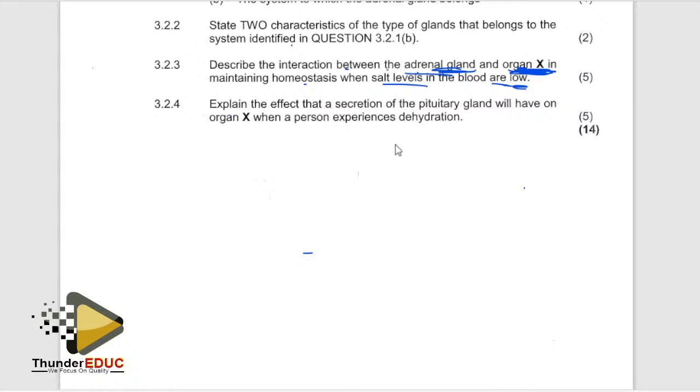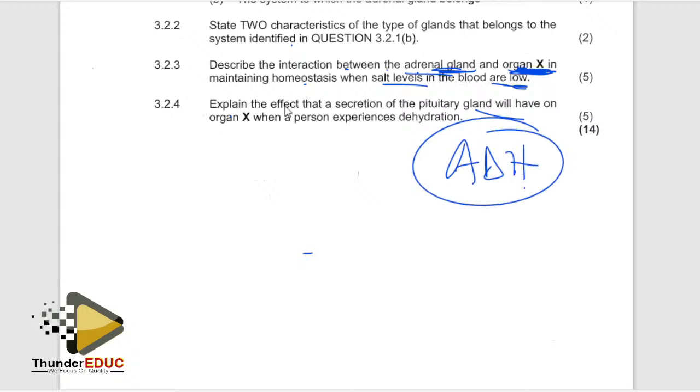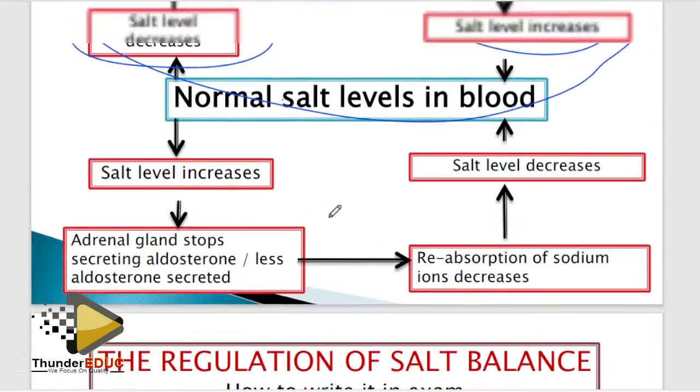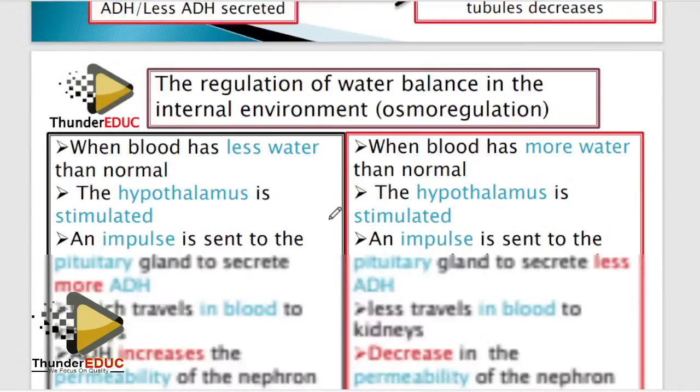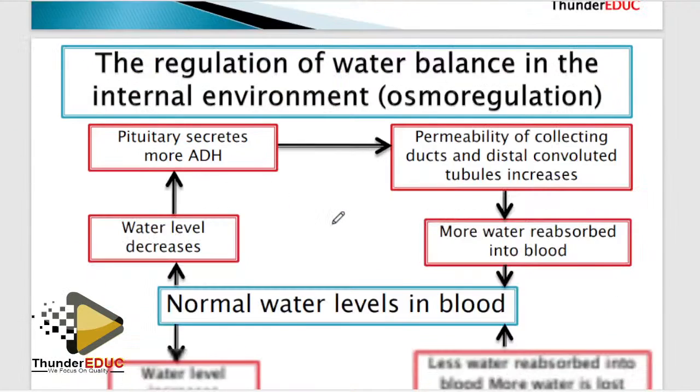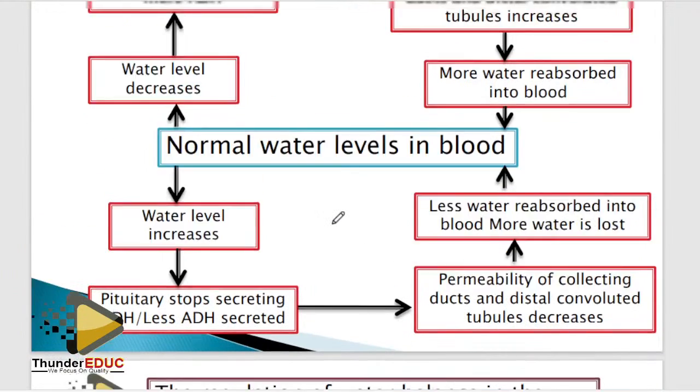So basically they are looking at ADH, because pituitary gland, and they are looking at gland X. They're saying for the person experiencing dehydration, it means that there is low water in the blood. So basically you explain osmoregulation when there is a lower level of water in the blood.